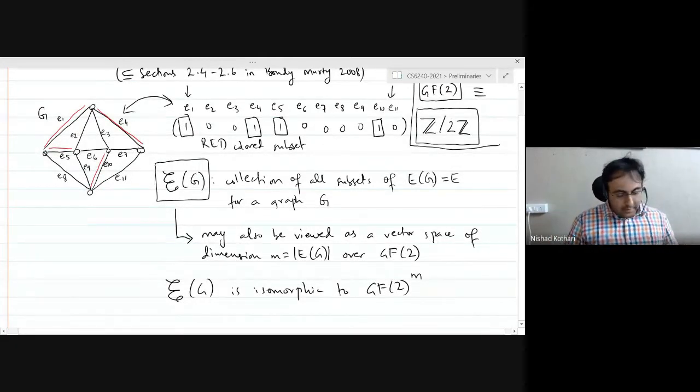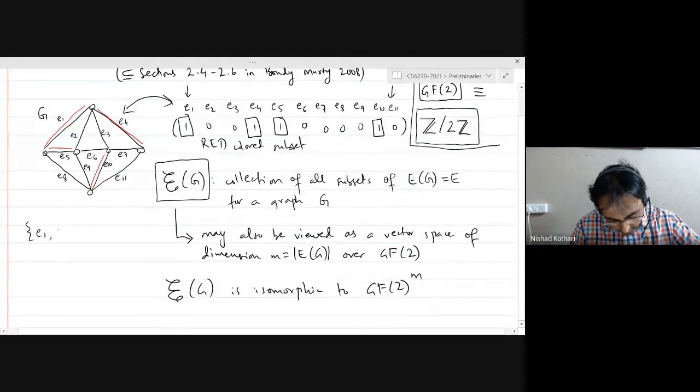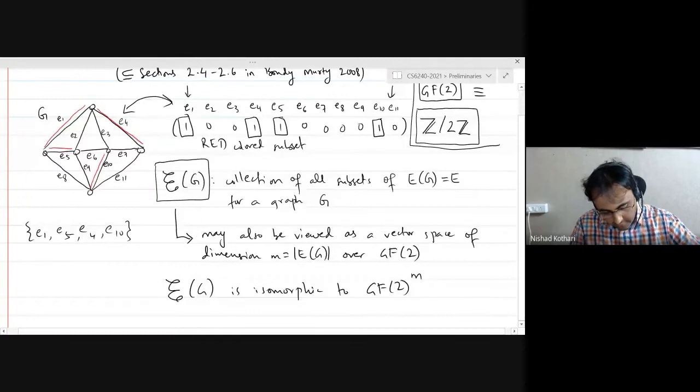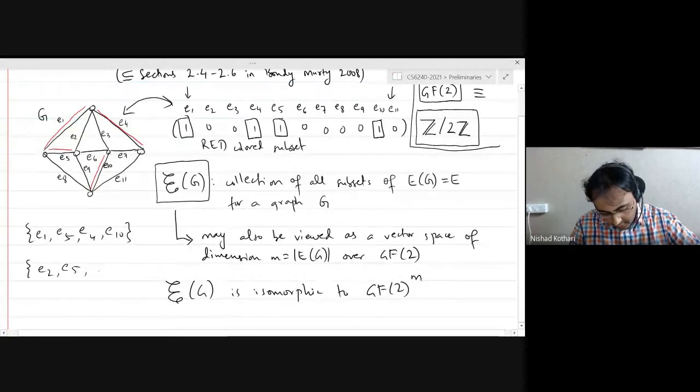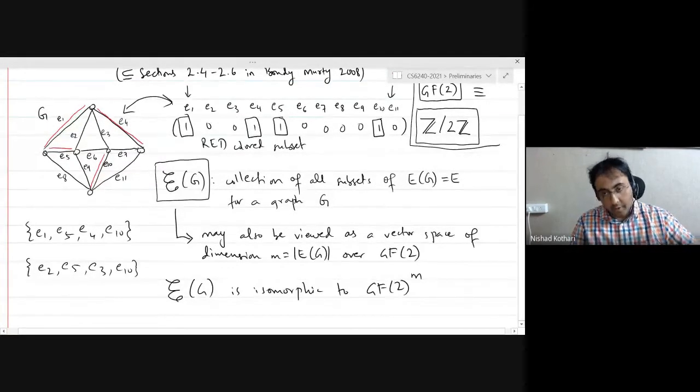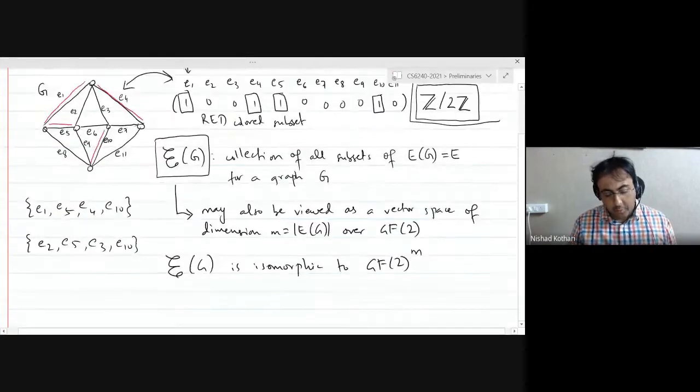So to give you an example, let's say my first set is E1, E5, E4, and E10, the one I have shown in red color. And let's say I take another subset, let's say E2, E5, E3, E10. I can view both of these as vectors.